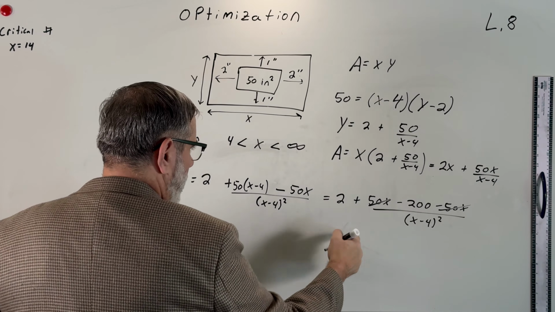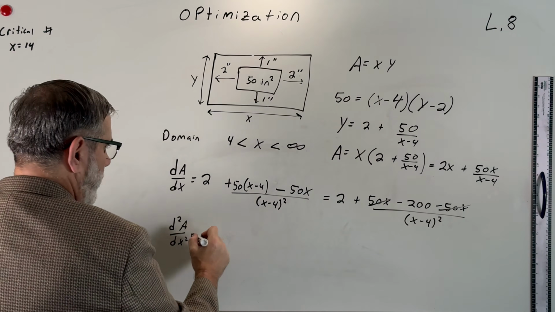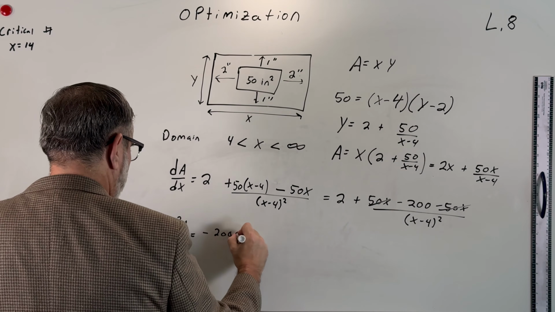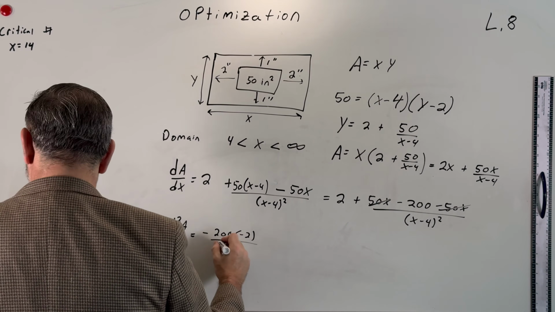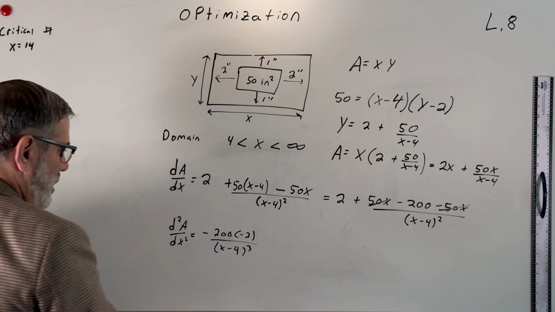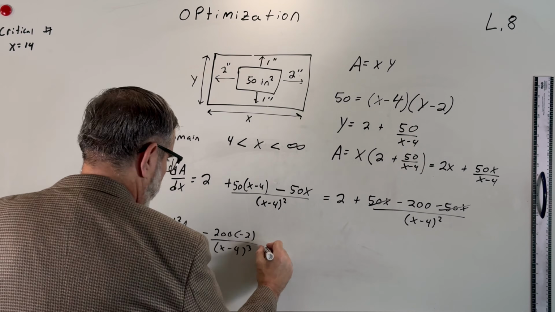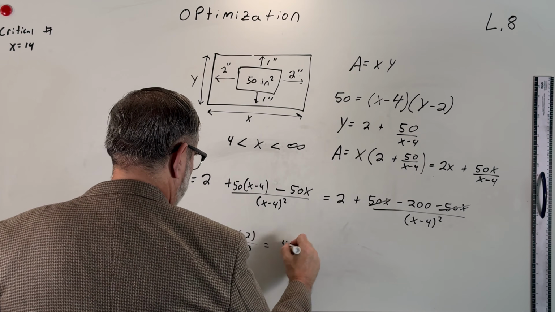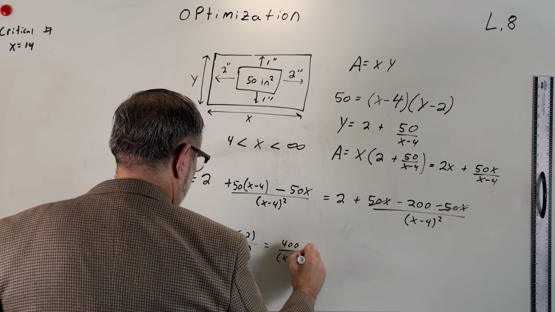Derivative of this would just be 0, plus we'll have the minus 200 times minus 2 over x minus 4, this time cubed.